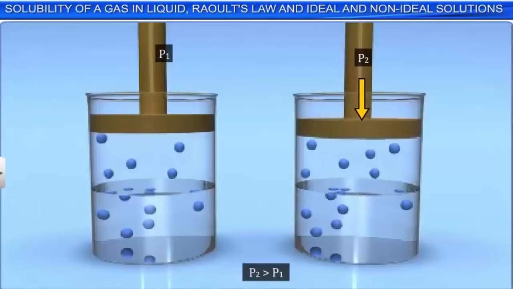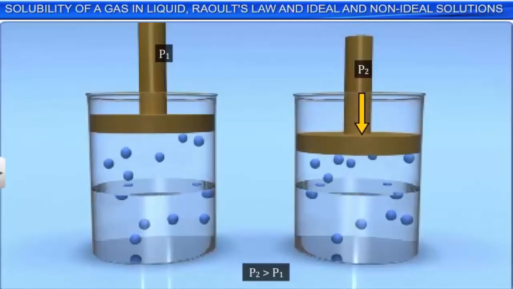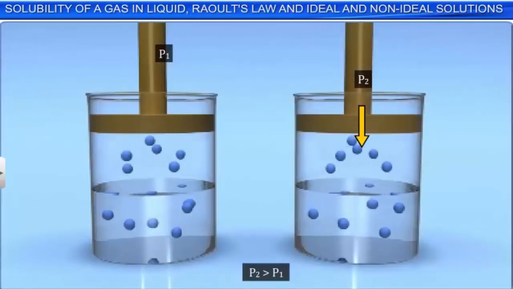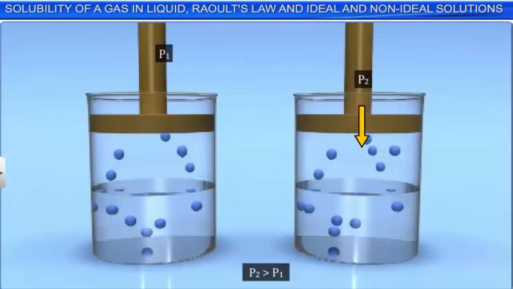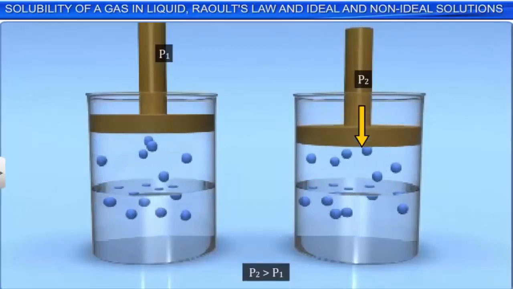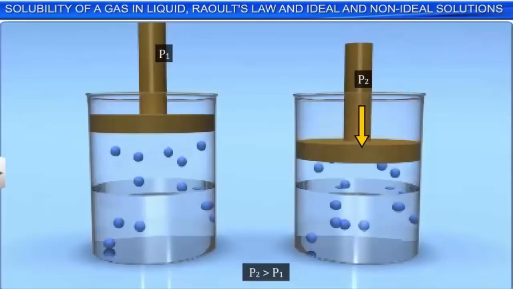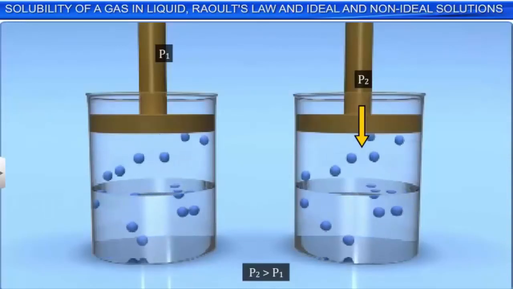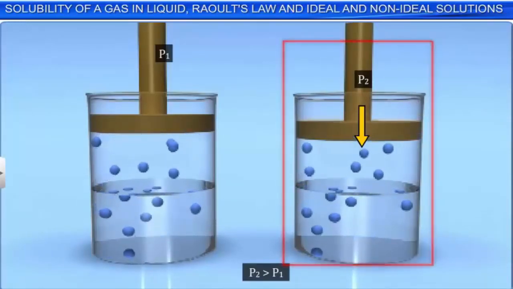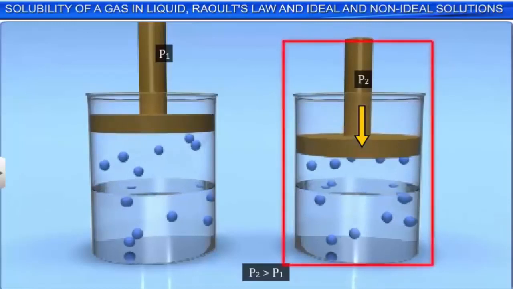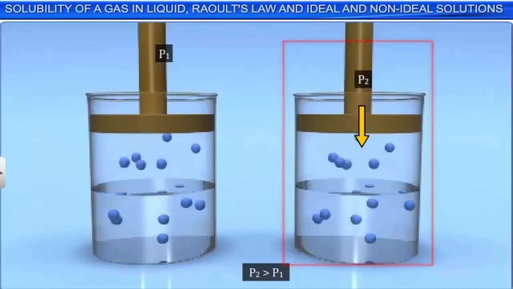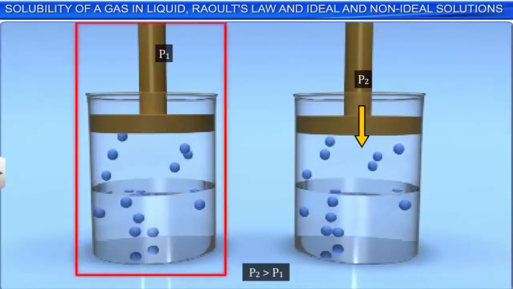An increase in pressure results in more molecules of the gas striking the surface of the liquid and entering the solution in a given time. Therefore, at high pressure, more gas dissolves in a given volume of liquid than at lower pressures.